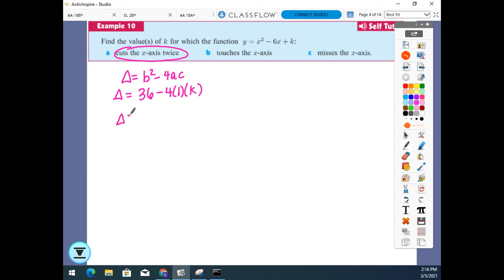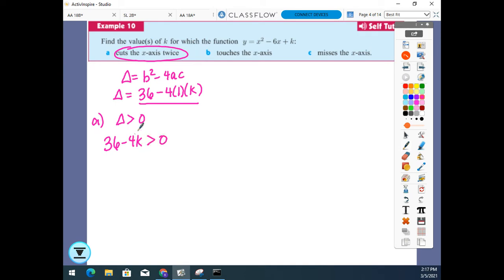That means your discriminant has to be greater than 0. In this case, what's the discriminant? This is for part A. 36 minus, I'm going to simplify to 4k. What would make this greater than 0?